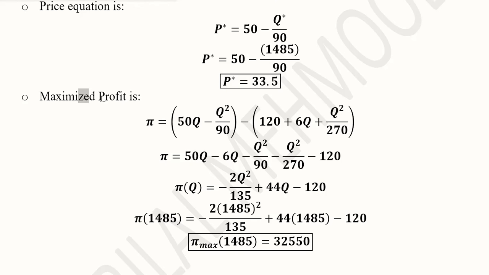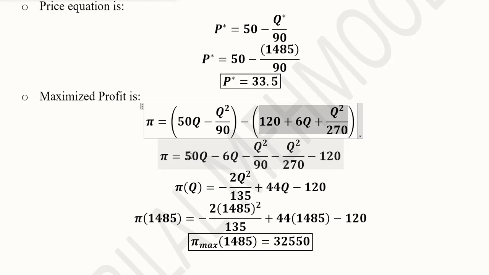Now finally, the main thing, that is the concern of the monopolist, and that is the level of profit. For that, we can easily substitute the values of Q wherever it is appearing. The value is appearing in multiple places. This is the total revenue function, this is the total cost function, and we have substituted the values wherever they are substitutable.